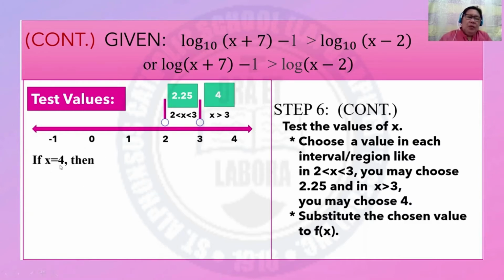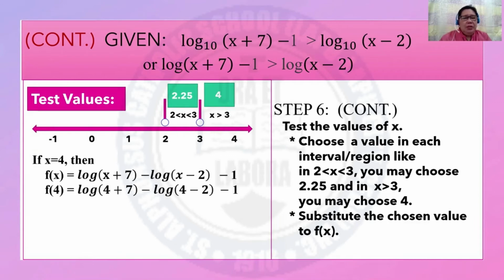Next, we have to test the value of x, which is equivalent to 4. So if x is equal to 4, then the logarithmic function f of x is equal to the log of the quantity x plus 7 minus the log of x minus 2 minus 1. Then we have to substitute 4 to x. Then simplify. 4 plus 7 is 11. 4 minus 2 is 2.